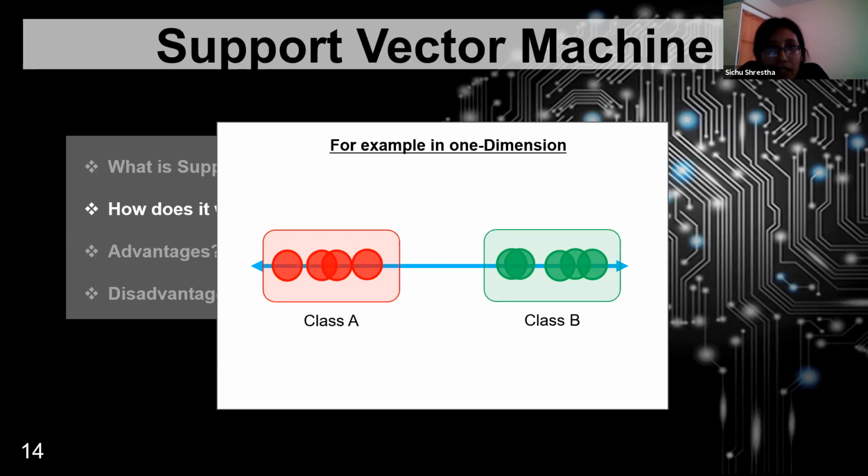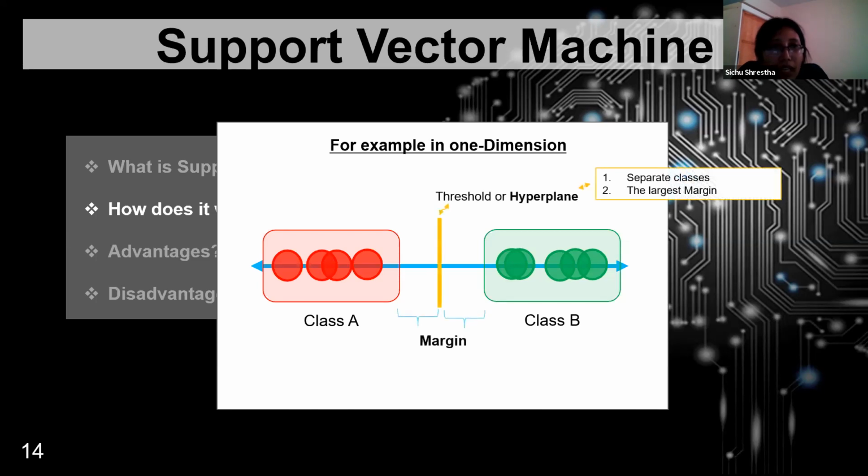Support vector machine is easier to use when we have two or three dimensional data, but it is very difficult for high dimensional data. Thanks.